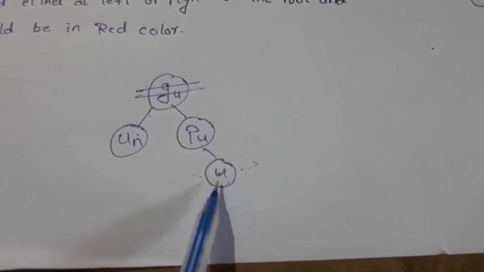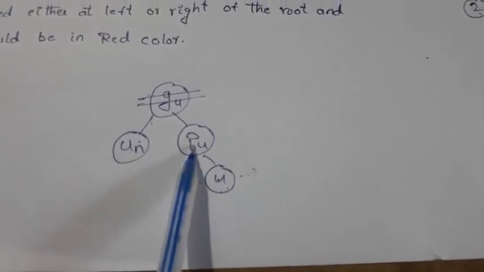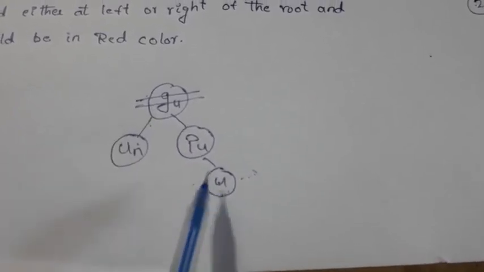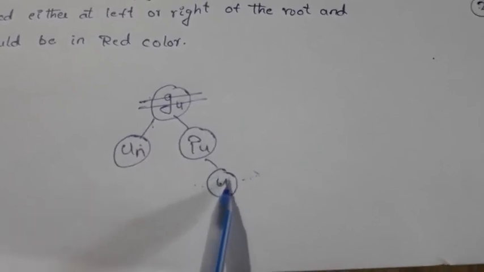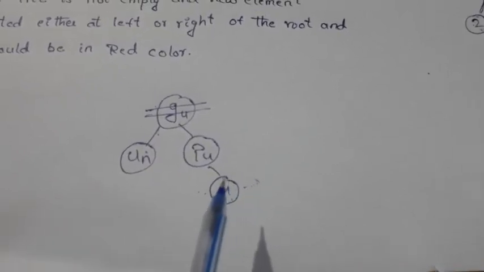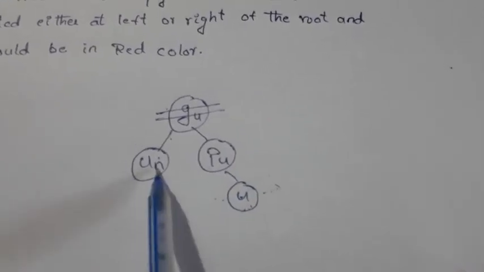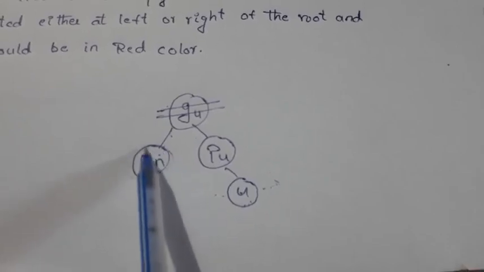For example, U is a newly inserted node. Let us assume it is U, this is the parent of U, this is the grandparent of U, and this is the uncle node for this U. Is it clear? Then I am going to balance this tree based on the uncle node.